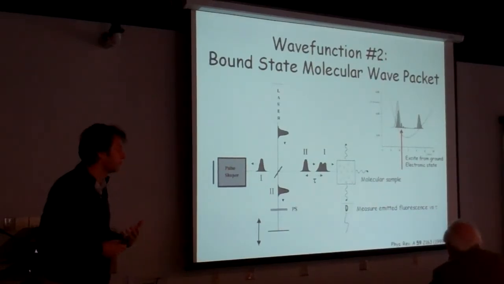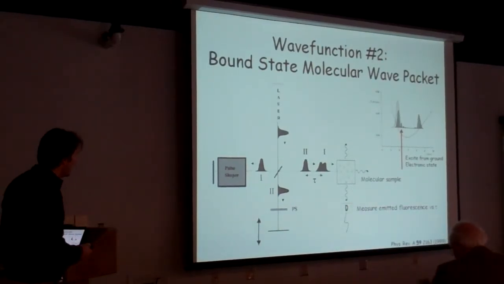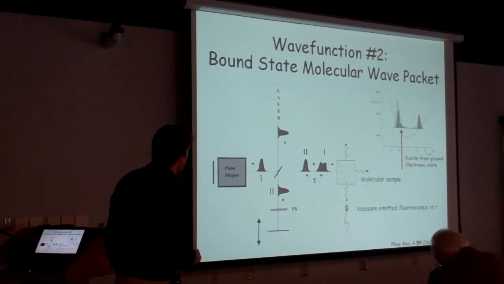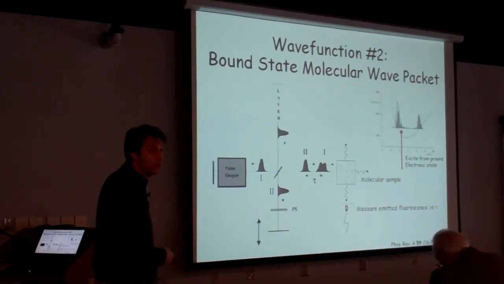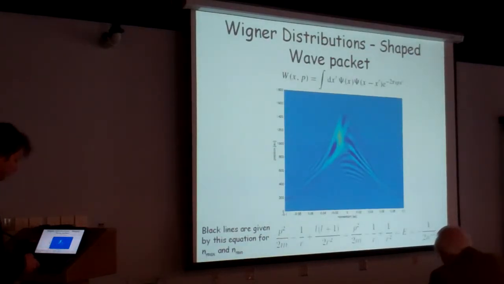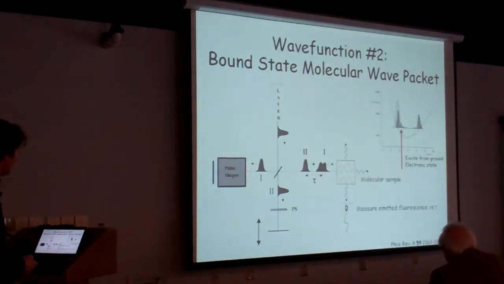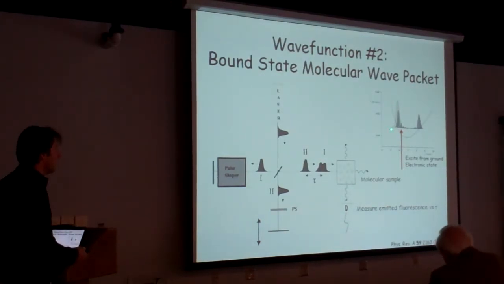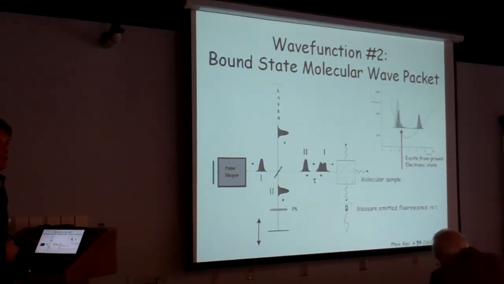and it's therefore more difficult to make direct measurements of the vibrational wave function of a molecule. So the idea here, which was proposed by Wolfgang Schleich and his collaborators about the same time that this original work on the Rydberg states was done, said, let's imagine that we excite a molecule from the ground state up to an electronically excited state, and we'd like to measure what the vibrational wave function looks like there.